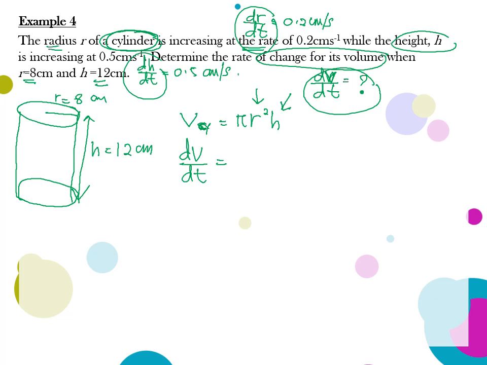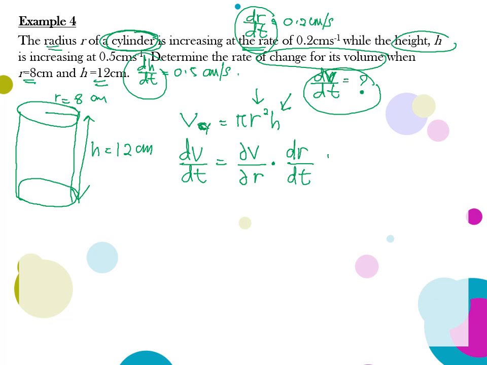So you have two dependent variables here, which is r and the second one is h. So you need to partially differentiate your V with respect to r, and then multiply with the rate of change for your r with respect to time. Mathematically this will cancel the r, so you will get dV dt, which is what we want.